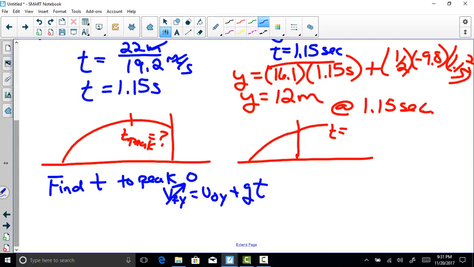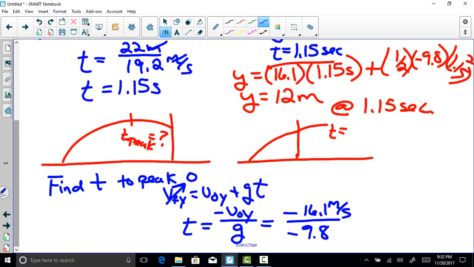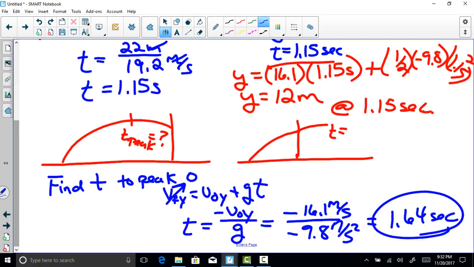You guys have done this equation enough that I'm just going to go directly to time. The time is minus v initial y divided by g, which, plugging in the numbers, will be minus 16.1 meters per second divided by minus 9.8 meters per second squared. This comes out to be 1.64 seconds.